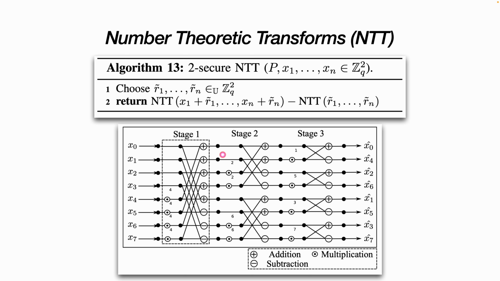Why is the number theoretic transform important? Because in most of the modern PQC schemes, there is a step for polynomial multiplication, especially in Kyber and similar schemes.